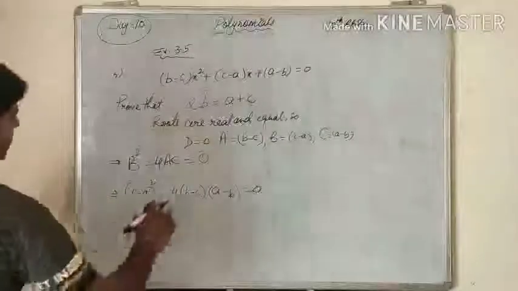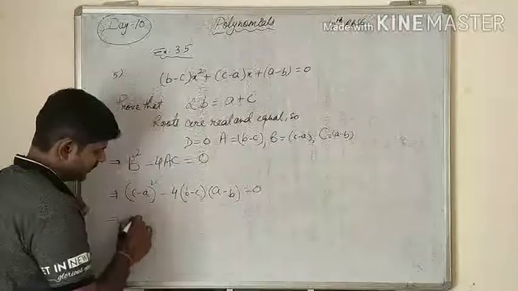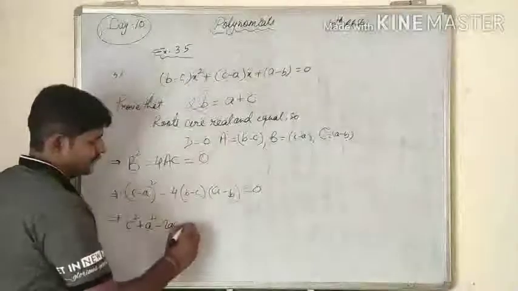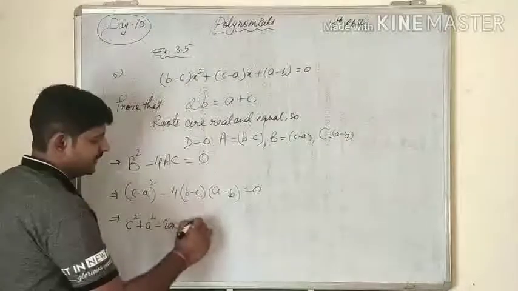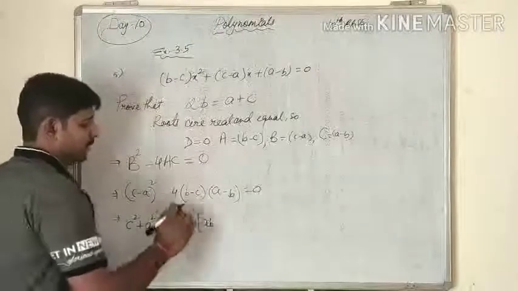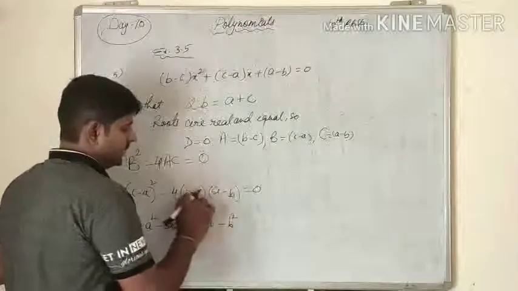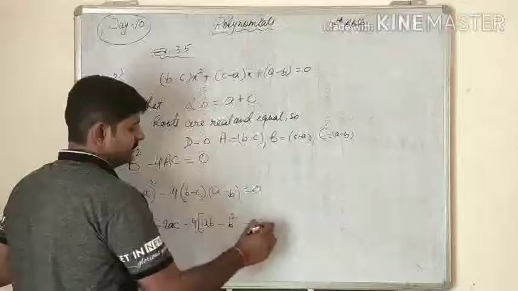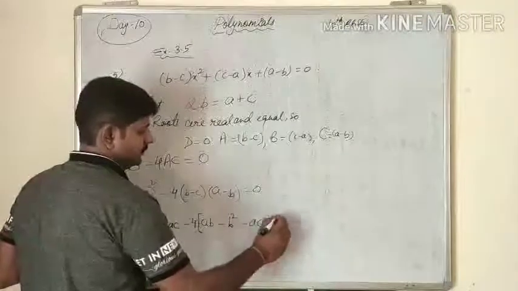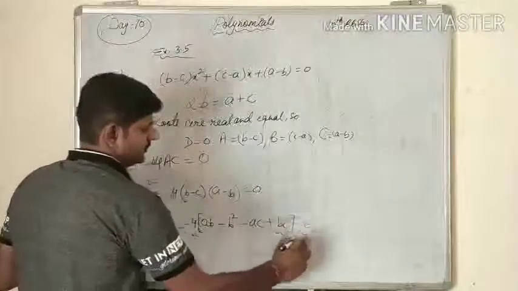So this we will multiply. This is c square plus a square minus 2ac, minus this 4 we will take outside first of all. B into this is ab, b into b is negative b square, and c into a is ac negative, and minus minus plus ab, that is taken equals to 0.